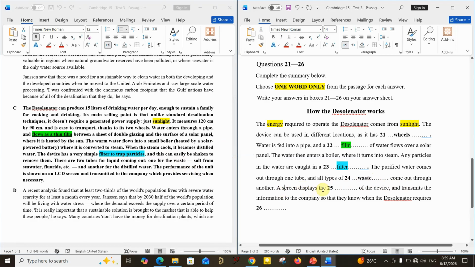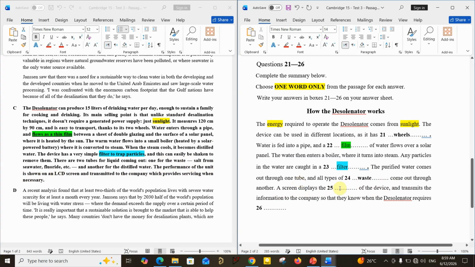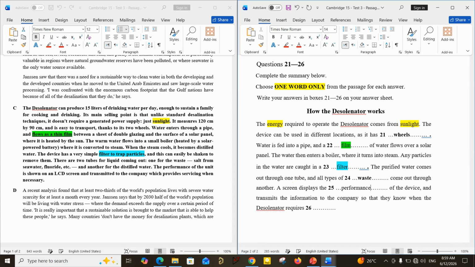A screen displays the what of the device. The performance of the unit is shown on an LCD. LCD is a screen, so it displays the performance of the device. Instead of device, they use unit.